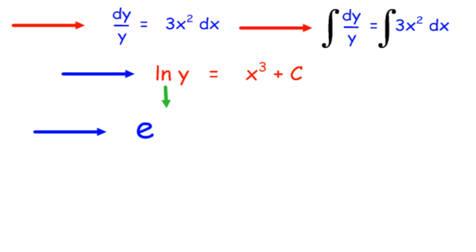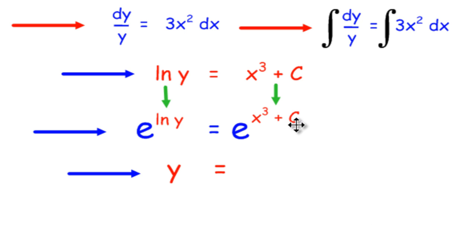e to the log y is equal to e to the x cubed plus c. The reason we're doing this is because e to the log y will give us y. So y is equal to, now e to the x cubed plus c, we can separate this using the laws of indices to become e to the x cubed times e to the c.